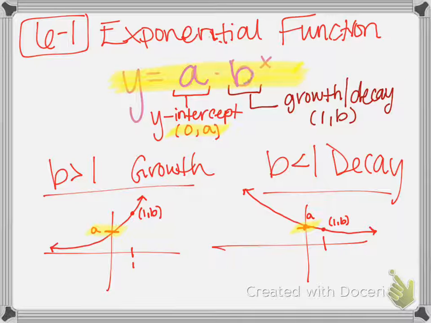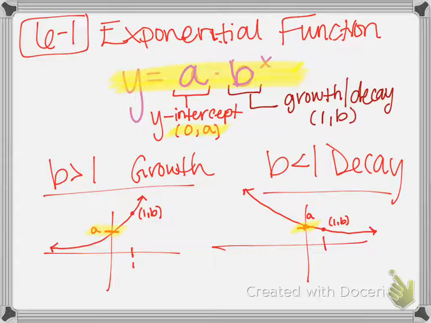The b is what tells us, are we growing or are we decaying? Because exponential functions are really, really helpful in the real world. They help us with banking, they help us with stocks, they help us with bacteria growth or medicine dissolving in the body. They help us with all different types of things. And so a common question is, well, is it growing or is it decaying?